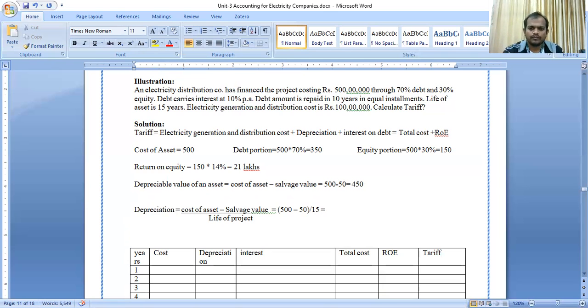Out of this 450, we have to consider the debt portion, that is 350 lakhs.